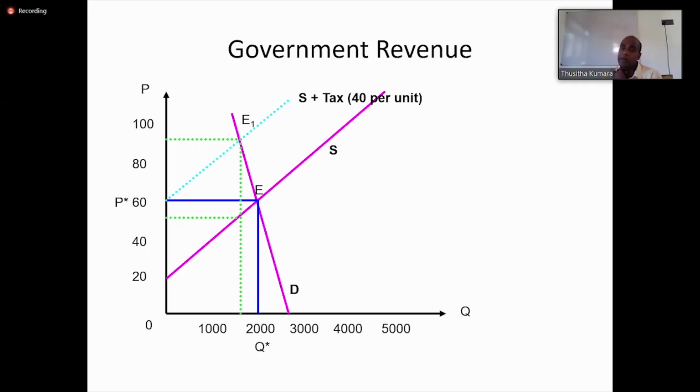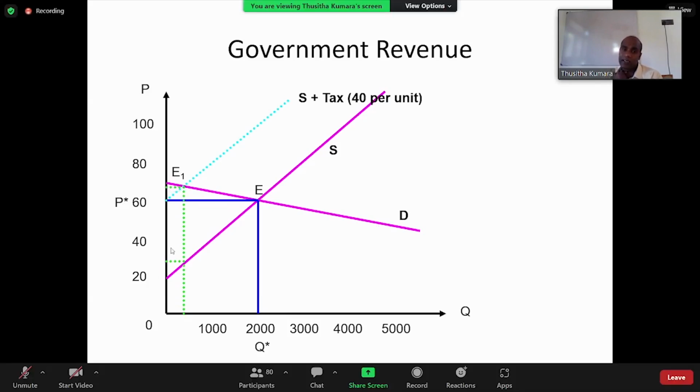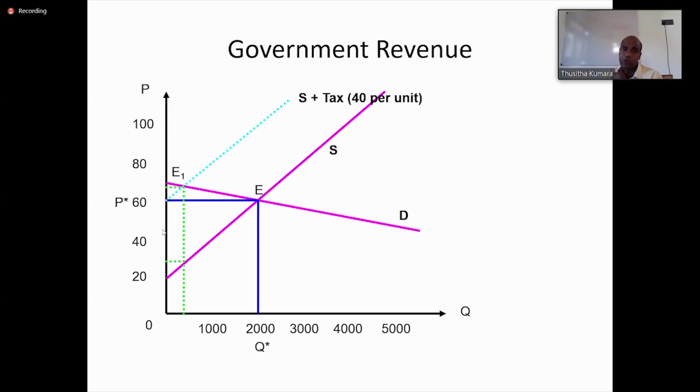What will happen if you take this case? Demand is elastic, response is high. When we get the tax, they decrease the quantity demanded significantly. Then what happens? This is the total tax area. Now we know the tax area, that is 40 rupee per 1 unit, and the total selling is, let's say, 500. Then 500 multiplied by 40, which is around 20,000.